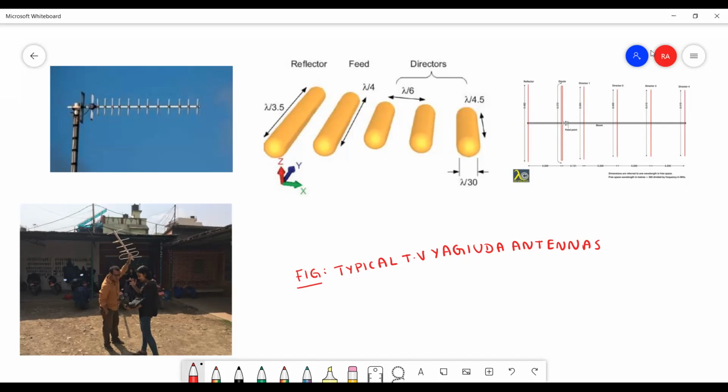Current flows in the driven element. This is the reflector, this is the feed point, and these are the respective directors. So driven element, directors, and reflector.